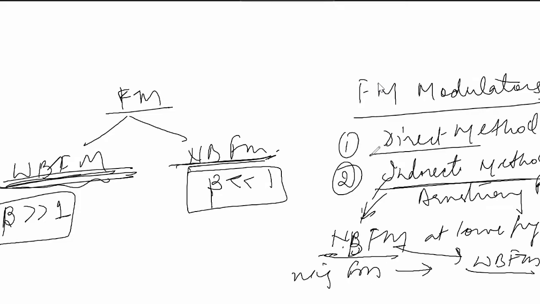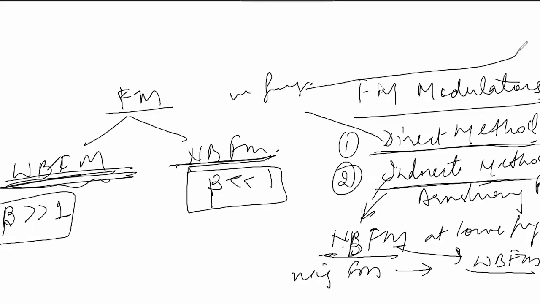Because in the direct method, when we are trying to generate wide band FM, we need a very high carrier frequency, and a very high carrier frequency sometimes becomes unstable.